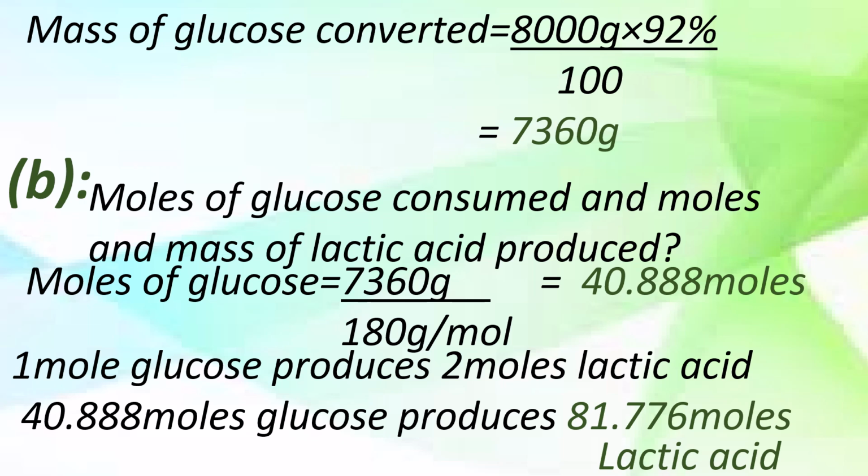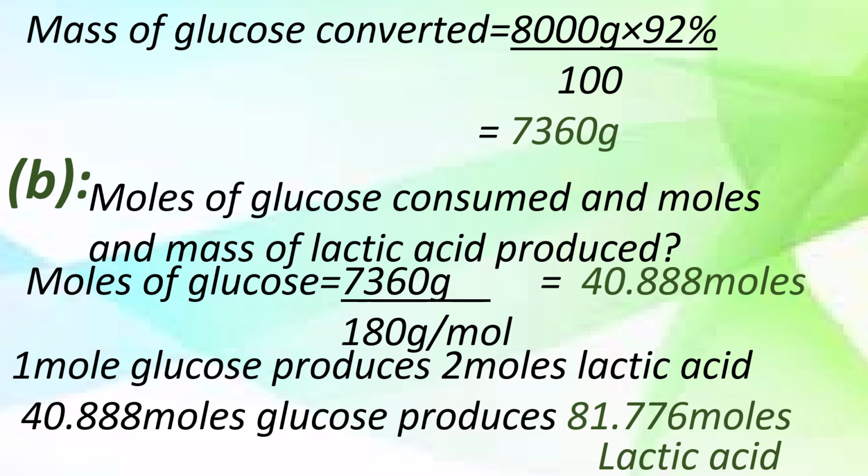Now we have to calculate moles of glucose consumed and moles and mass of lactic acid produced. First, moles of glucose: 7360 gram divided by 180 gram per mole, the molecular weight of glucose. After solving, moles of glucose is calculated to be 40.888 moles.